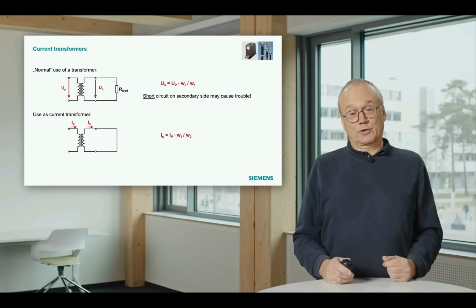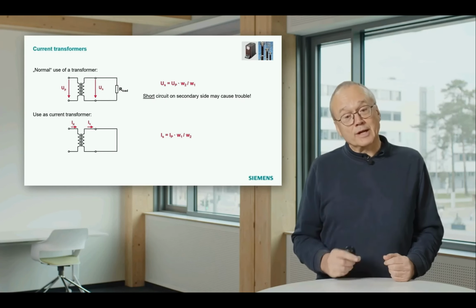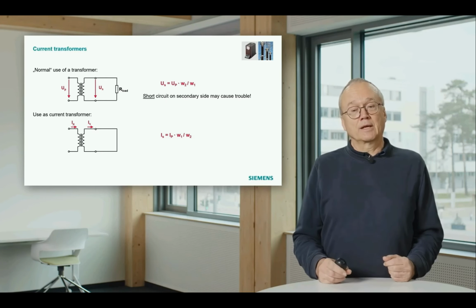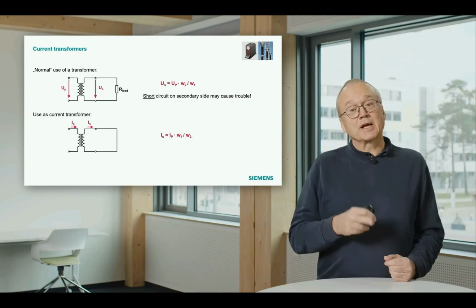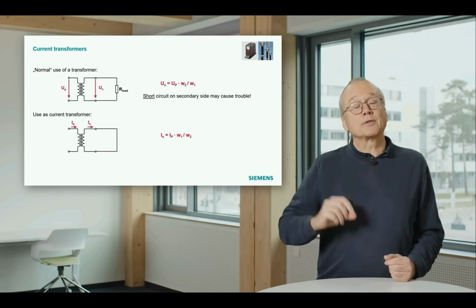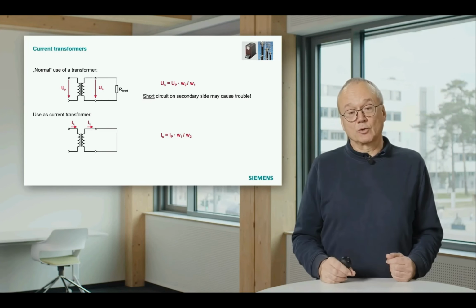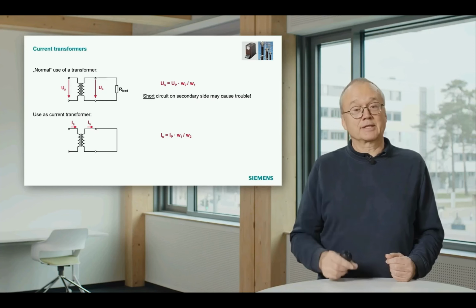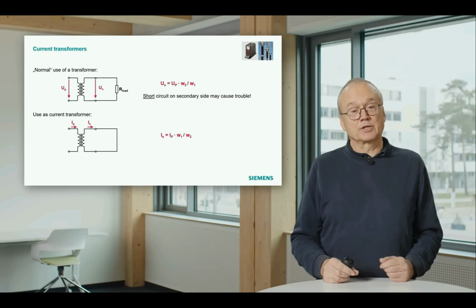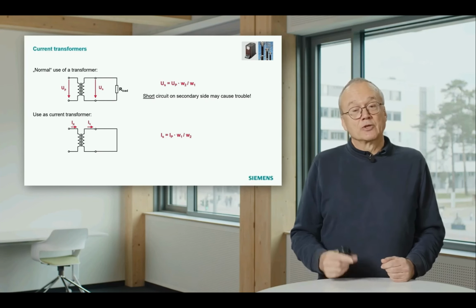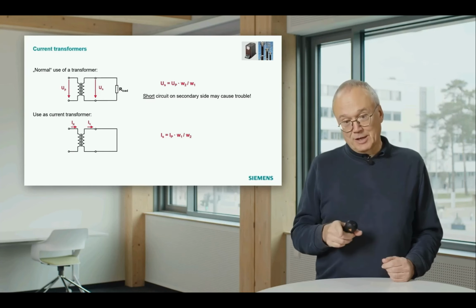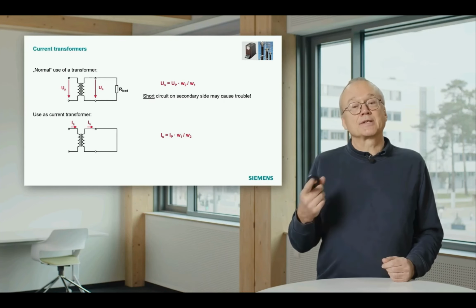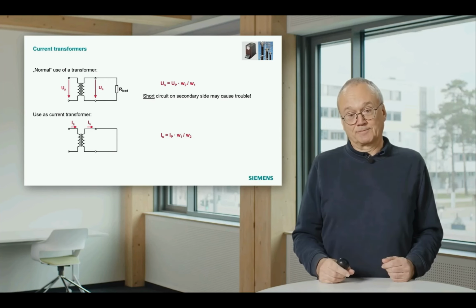It likes short circuits. You can also calculate the current on the secondary side. It's the current on the primary side multiplied by the inverse of the winding ratio. So it's exact inverse to the voltage transformer. That means that the side with the lowest number of windings has the higher current.